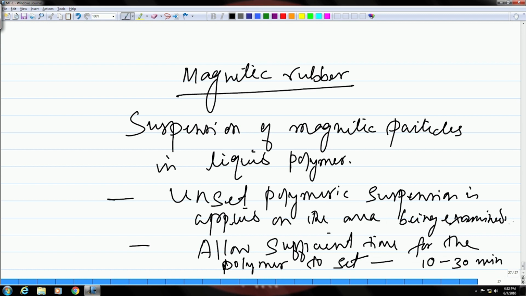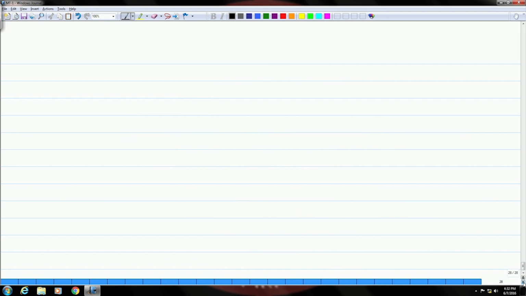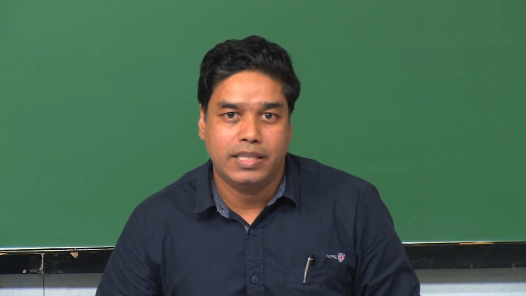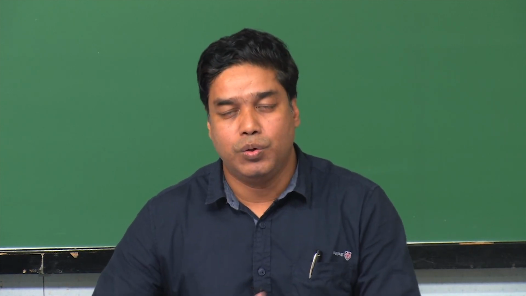Now, once you allow this time, this polymer will cure and it will make a replica of the part on which it is applied. Since this polymer contains the magnetic particles also, if there are any flaws, these particles will be attracted to those flaws. So, this replica which is formed out of this set polymer will contain the impression of those flaws. It will contain the visible indications of those flaws due to the presence of the magnetic particles in this polymer.